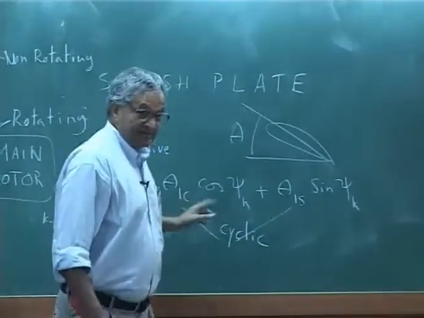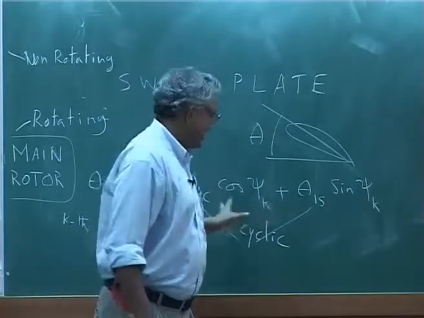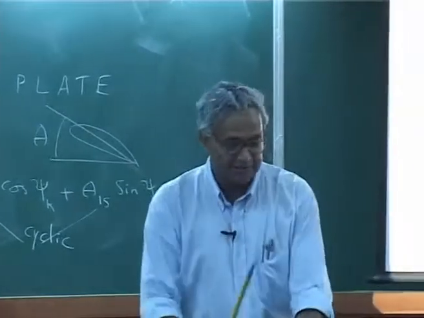Now the controls, as far as the aircraft is concerned, in the helicopter field, it is not that when you have two rotors, the pilot may give collective, the pilot may give cyclic to both, but he will have only this control.